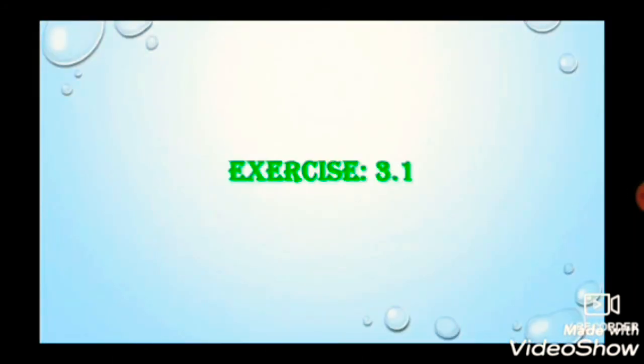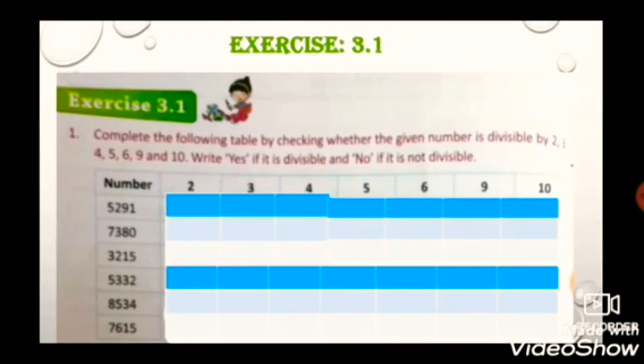Now, let us see exercise 3.1. Complete the following table by checking whether the given number is divisible by 2, 3, 4, 5, 6, 9 and 10. Write yes if it is divisible and no if it is not divisible.